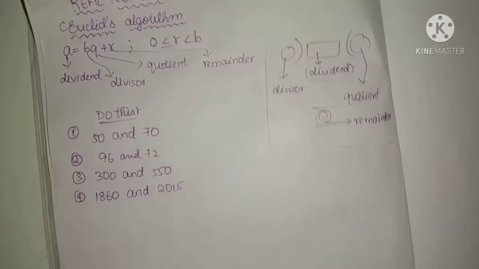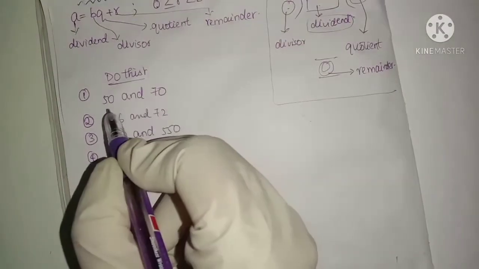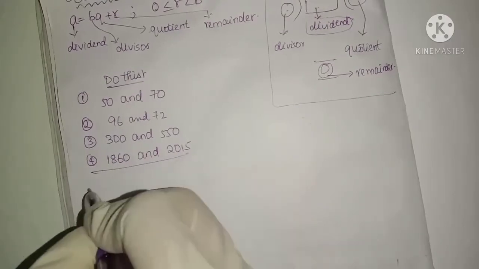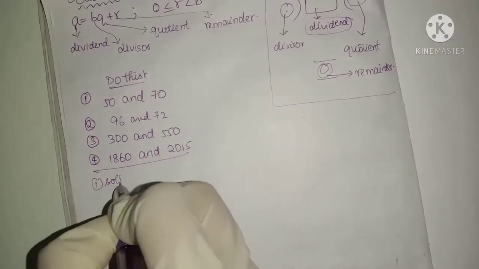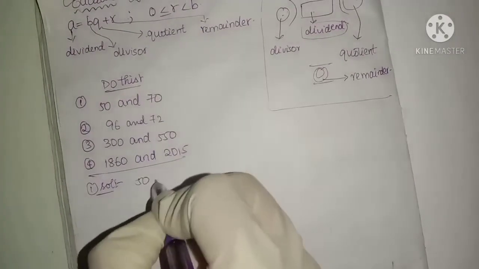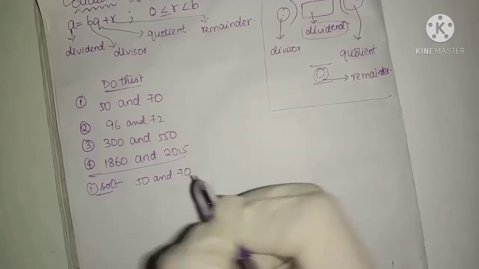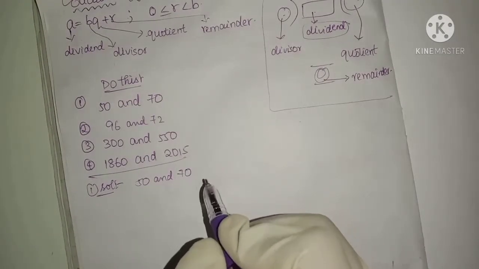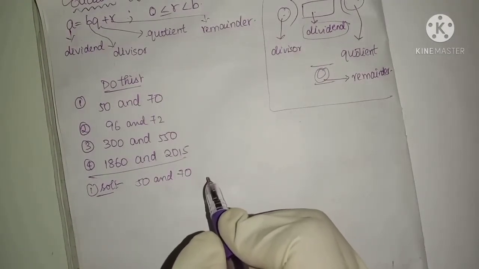The first question, so that you can understand what it is: 50 and 70. As I said before, one will be the dividend and the other the divisor.